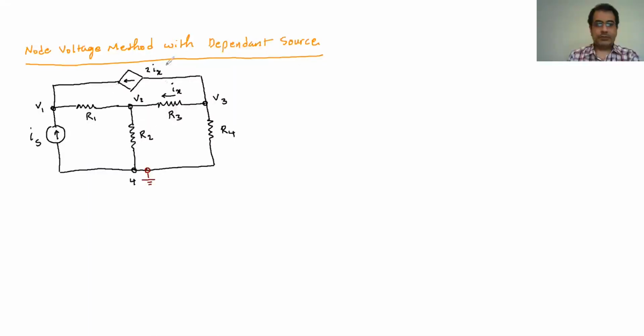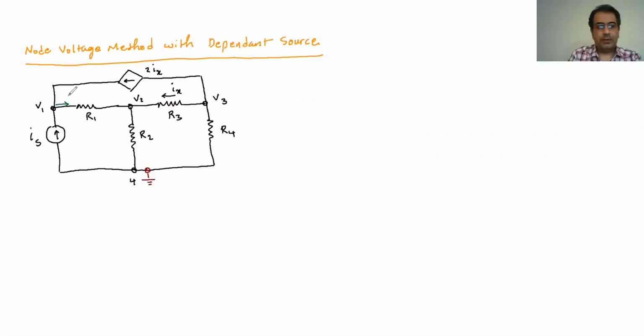So the very first step, just do whatever we have done so far. Assume it is not dependent, assume it's just a simple current source like this one, and write the node voltage equations. If I want to start writing the equation, as I said, I assume the currents at each node are leaving that node.